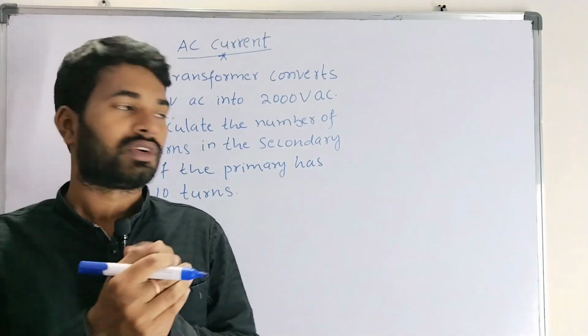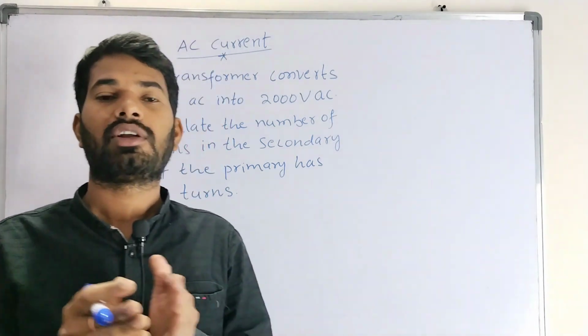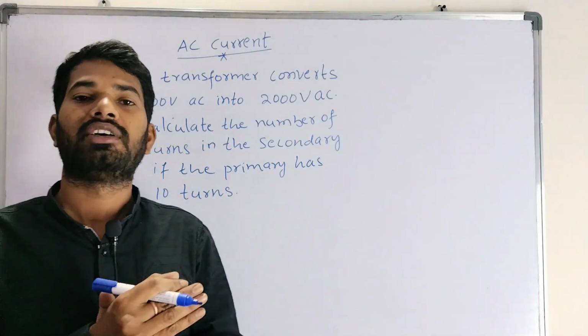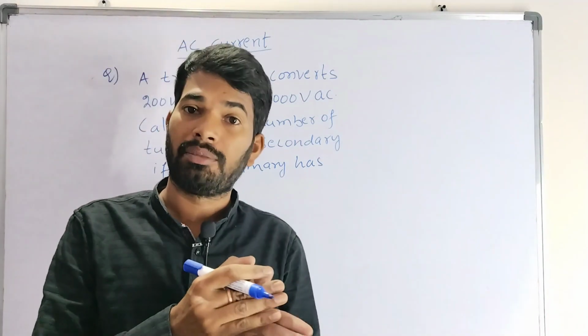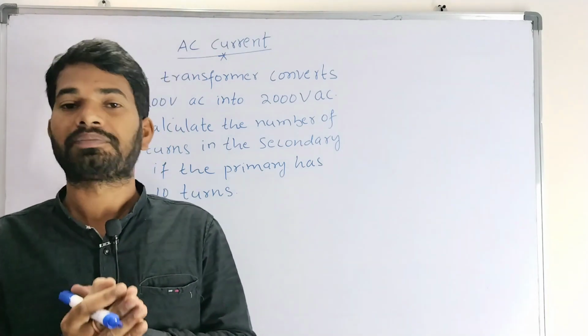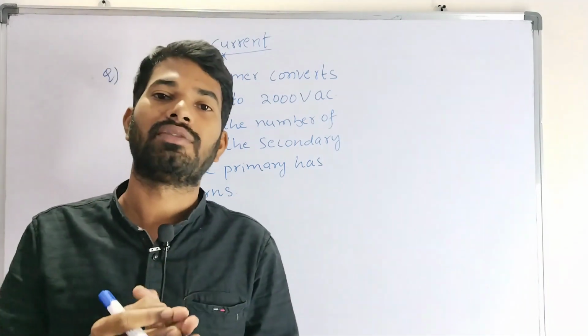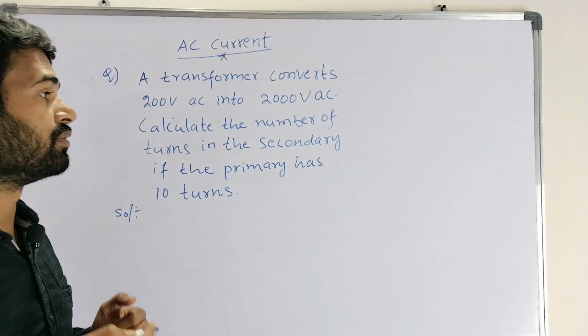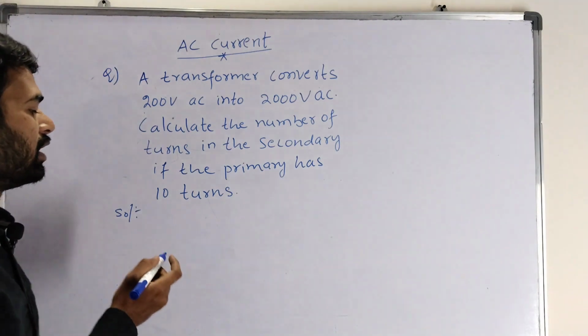Here, in a transformer we have primary turns and secondary turns. Vp is the primary EMF, Vs is the secondary EMF. You can understand by the diagram. I will draw.